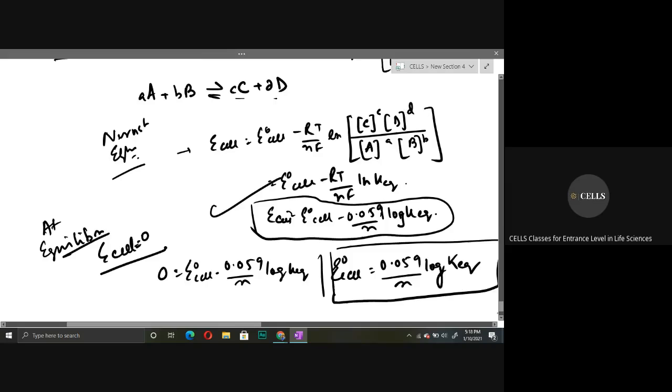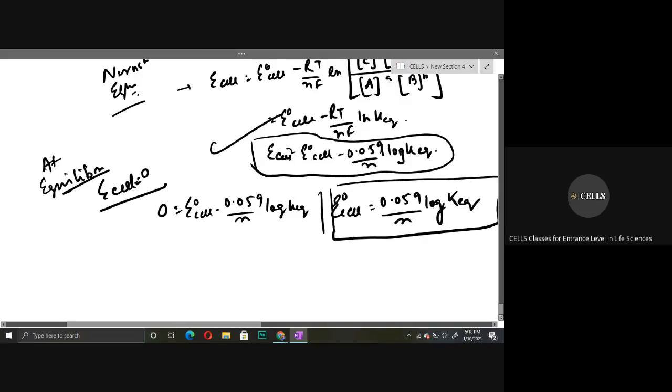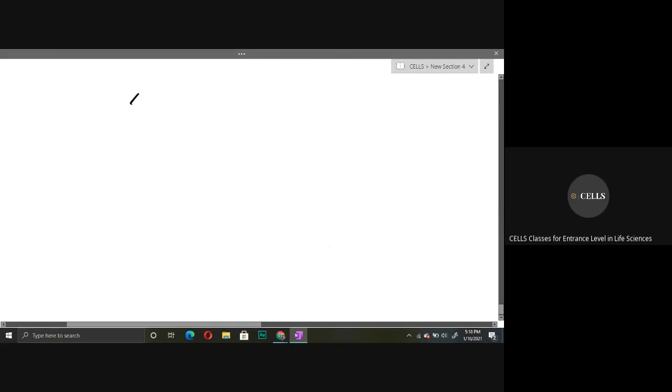So we have studied two important equations: delta G0 equals minus nFE0 cell, and E0 cell equals 0.059 by n log K equilibrium.